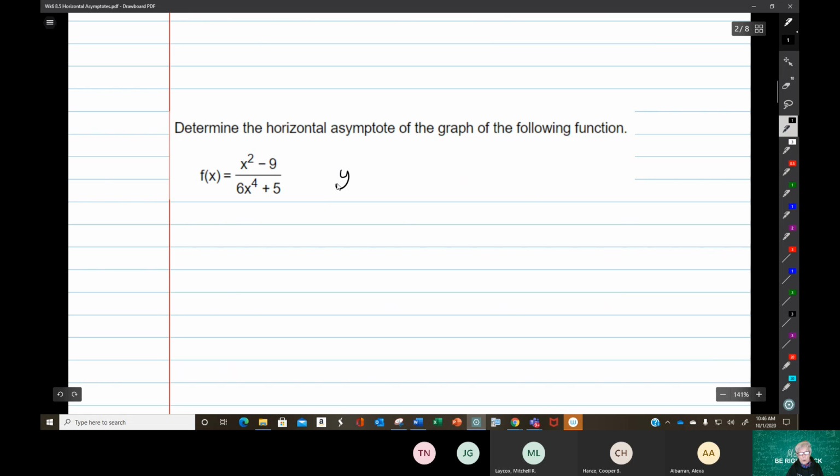So the equation of the horizontal asymptote is y equals 0. That is the x-axis. And that's all you need to know about that.